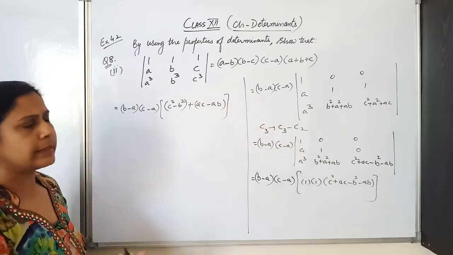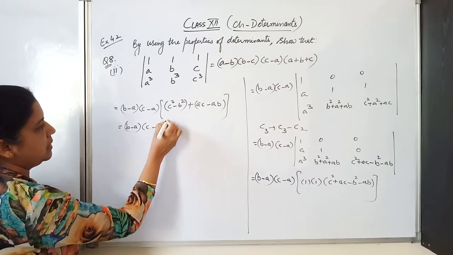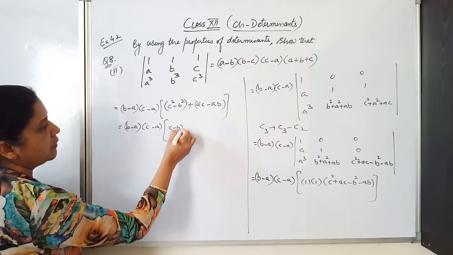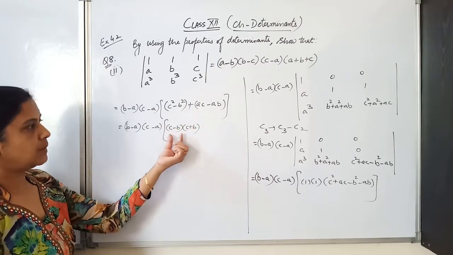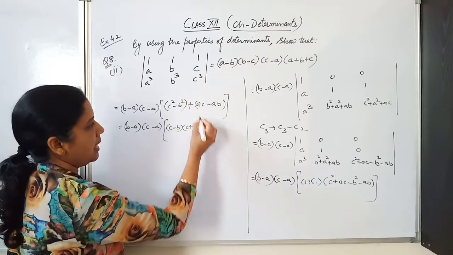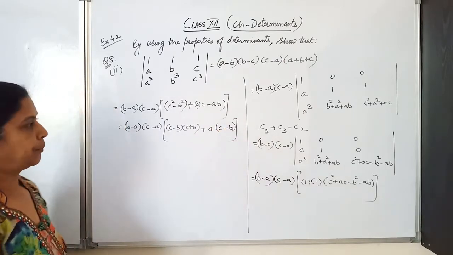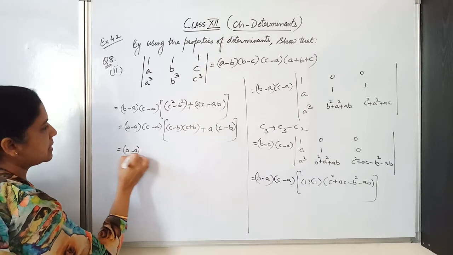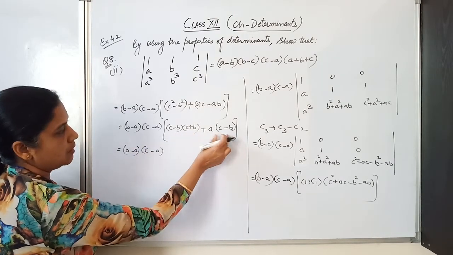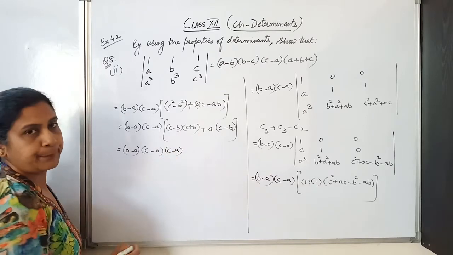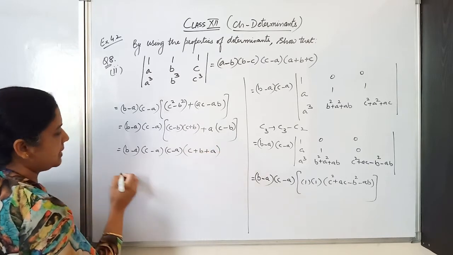I've just rearranged the terms. B minus A into C minus A. Again making the factor form of C square minus B square as C minus B into C plus B, and A common from the last two terms. Look at this carefully. C minus B is present in both the terms, so it can be taken common, and the internal factor will be C plus B plus A.